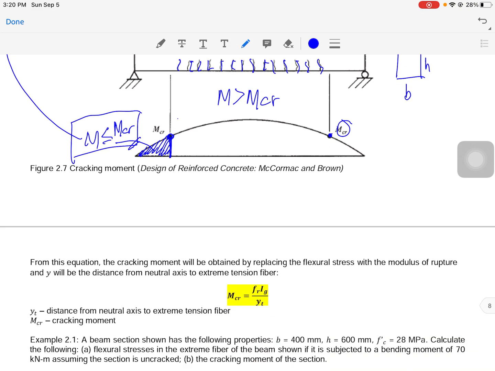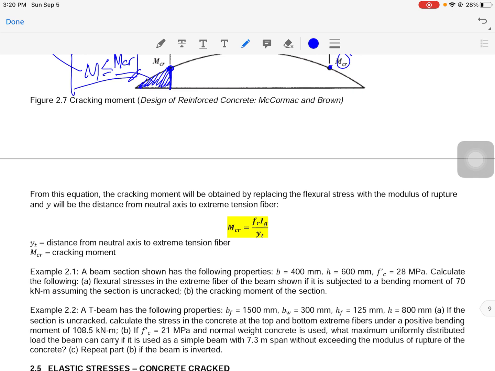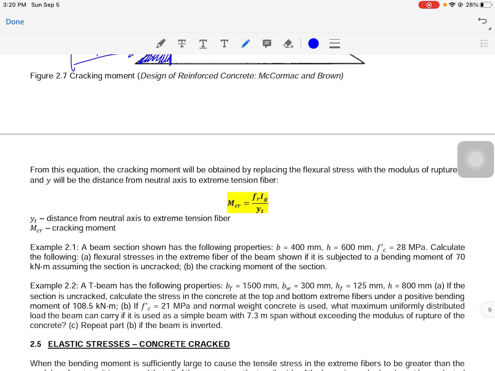Let's proceed. From this equation, the cracking moment will be obtained by replacing the flexural stress with the modulus of rupture, and y will be the distance from the neutral axis to the extreme tension fiber.